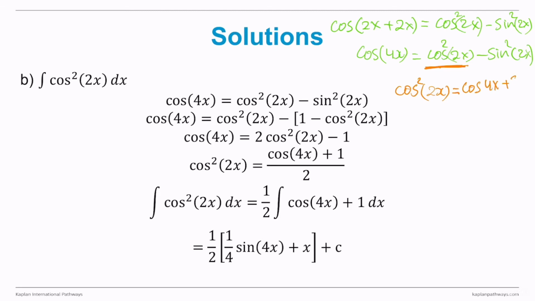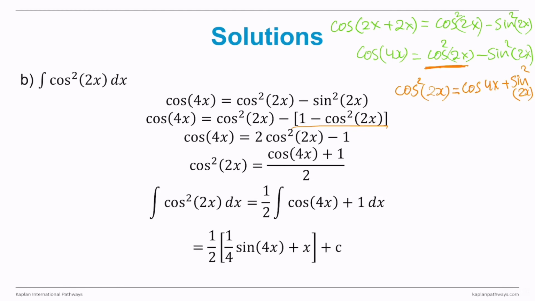And again, we use the identity for the cosine: sine squared 2x is 1 minus cosine squared 2x.